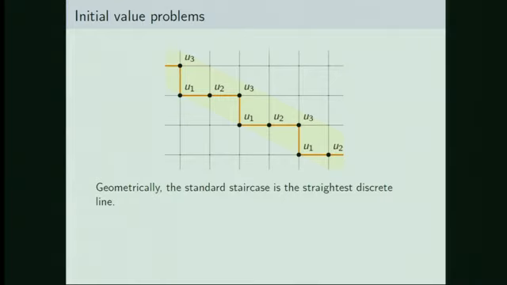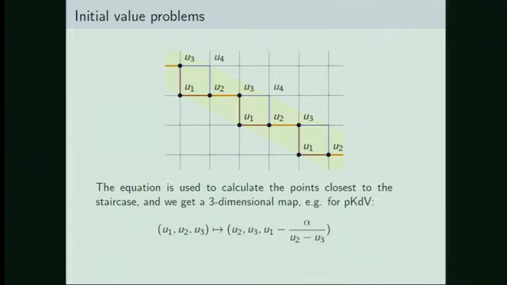And then the thing I realized is that instead of defining a new variable, what you get is exactly the straightest line on the discrete lattice in a certain direction, in the direction 2 minus 1. And that was key to generalize this result to other stencils.